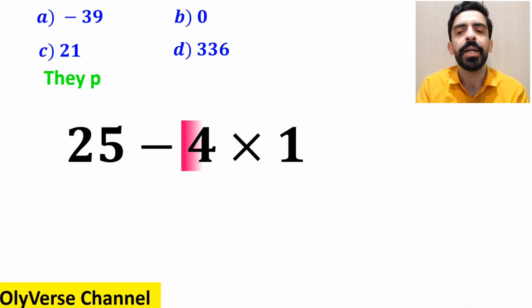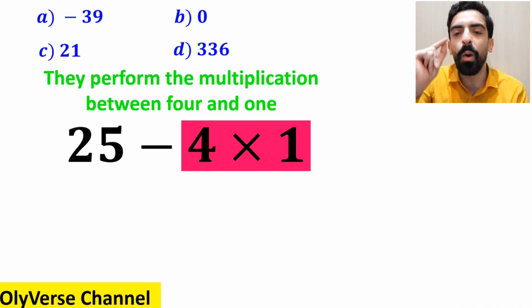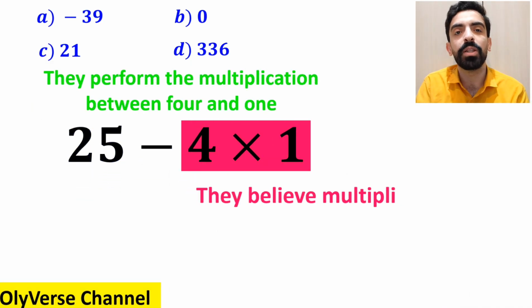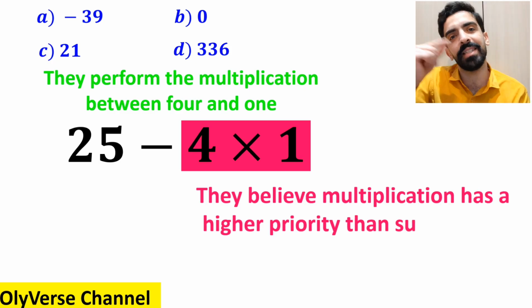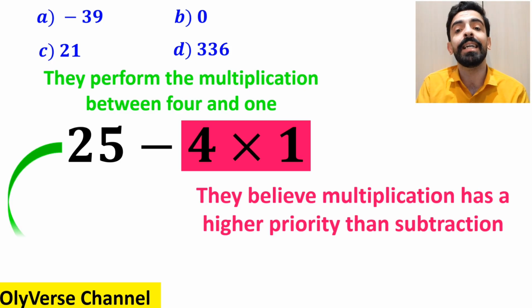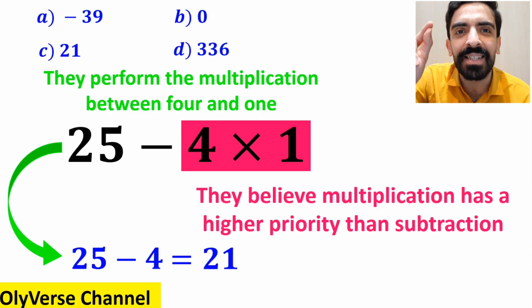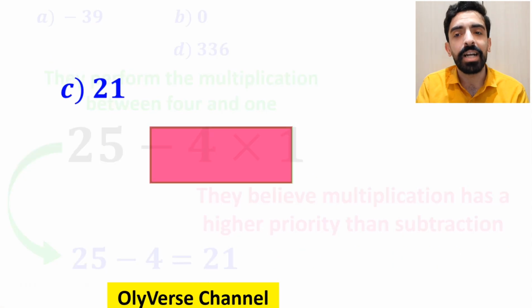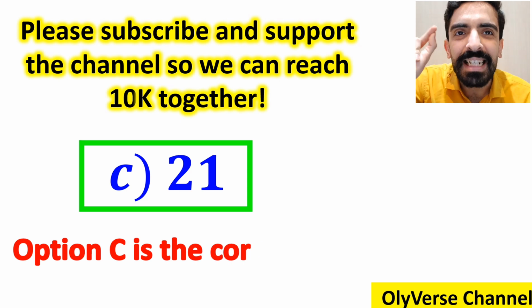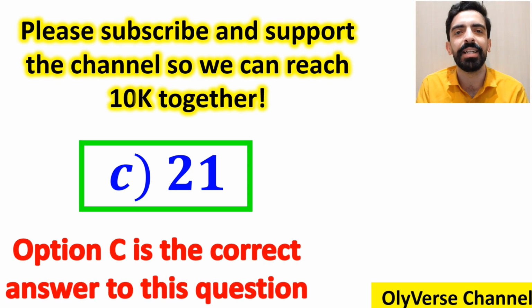And in the final step, they perform the multiplication between 4 and 1 because they believe multiplication has a higher priority than subtraction. And this expression simplifies to 25 minus 4, which gives them the answer 21. And they conclude that option C is the correct answer to this question.